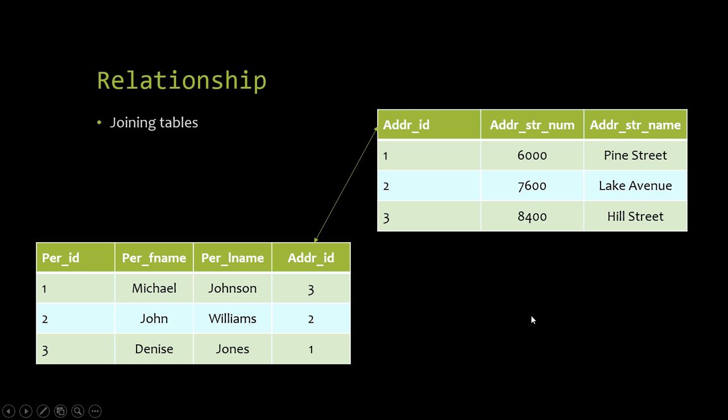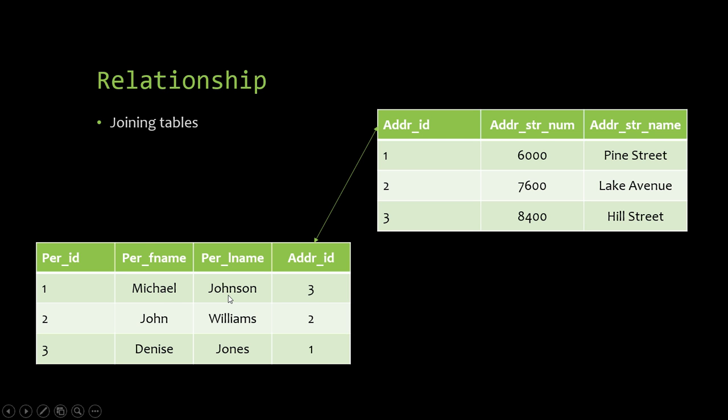And a relationship, as opposed to a relation, is basically just a connection between two tables. So these tables are connected by this particular relationship, right? They have a common column, address ID, on both of them. This is a person table that we're already familiar with, but now we have an additional column called address ID.